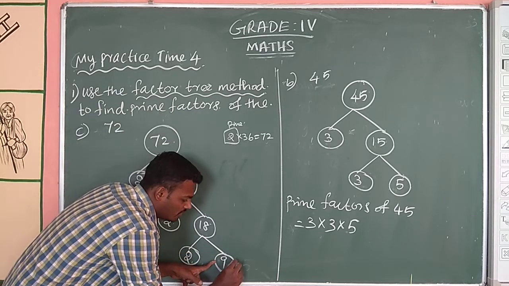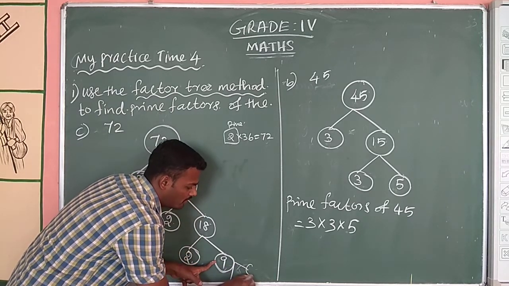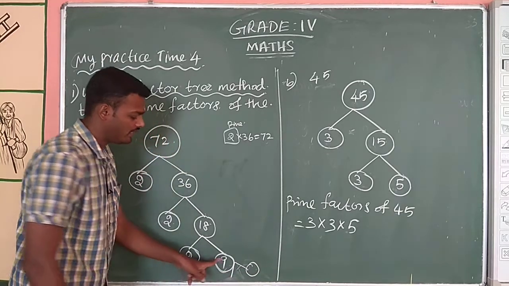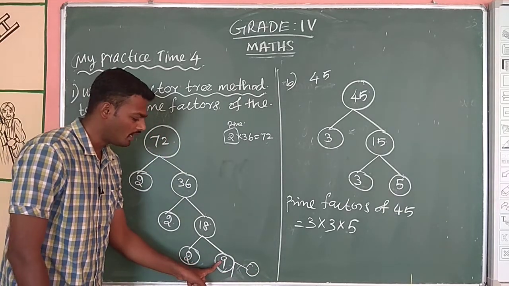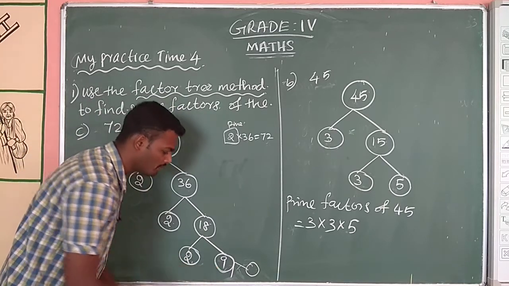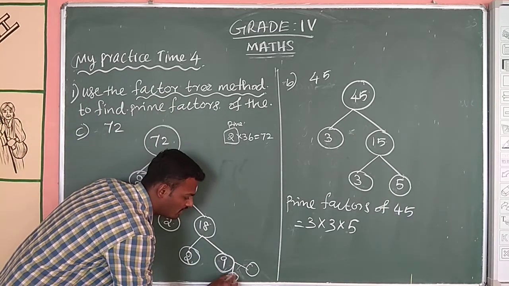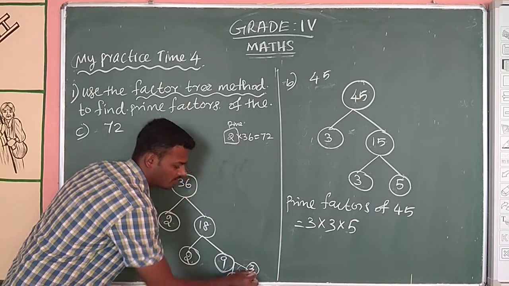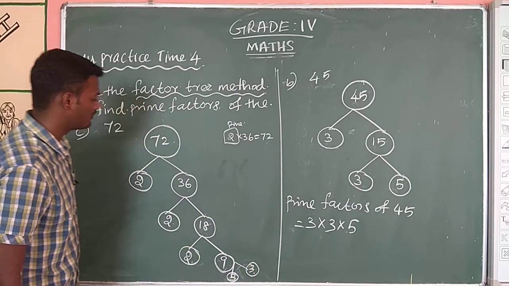So we split 9 in two parts. 9 is an odd number. 9 does not come in the second table. Next one, third table. Third table, 3 3s are 9.